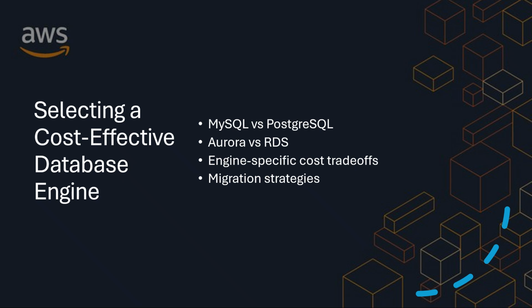But Aurora has a premium price per GB, so it's justified mainly for performance heavy workloads. Sometimes the most cost-effective solution is a homogeneous migration to PostgreSQL, or a heterogeneous migration to DynamoDB when the workload supports it. Engine selection can drastically reduce your ongoing cost while improving the performance.